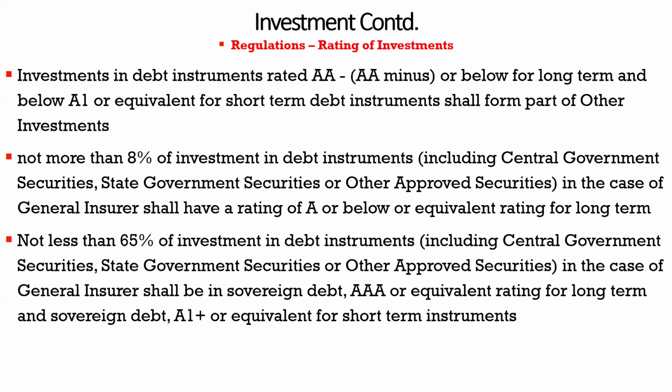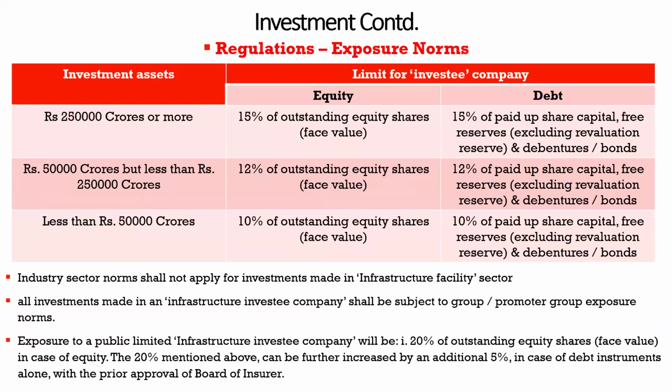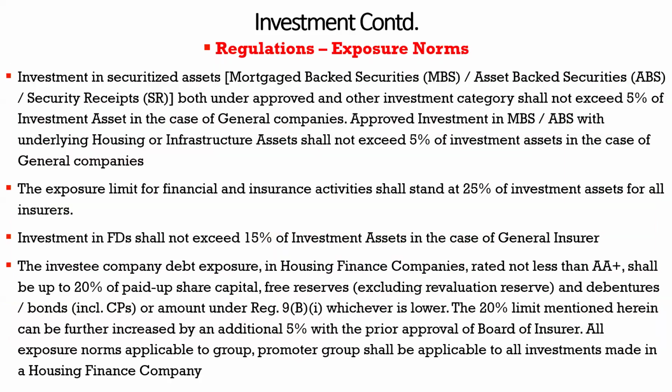On the basis of rating, what should be the percentage of your portfolio? This limit is for exposure norms in a particular investee company, so that the company should not face a bad loss in case of a downfall of a particular company or a particular sector. This limit is for the amount on the basis of investment assets for a particular company.